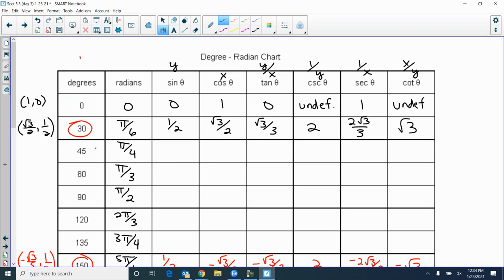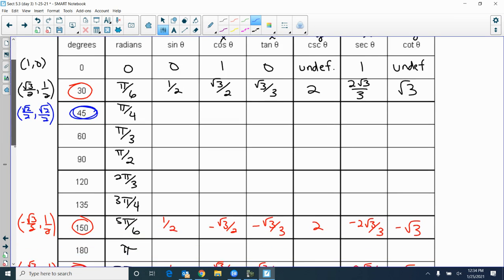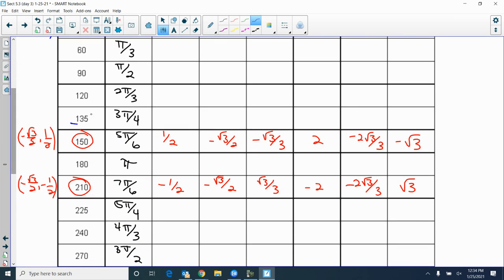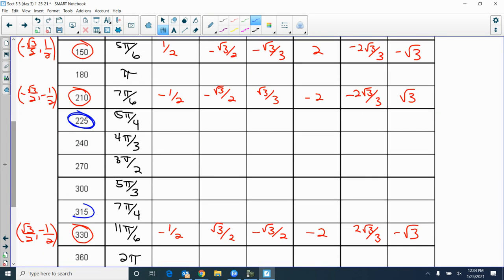All right, for 45 degrees, the coordinates are square root of 2 over square root of 2. Now, which ones are going to be the same as 45? It's going to be all the 45 reference angles. So it's 45, 135, 225, and 315.